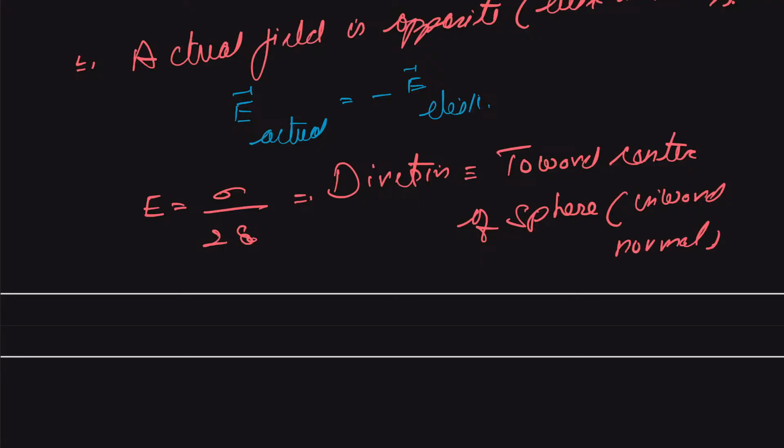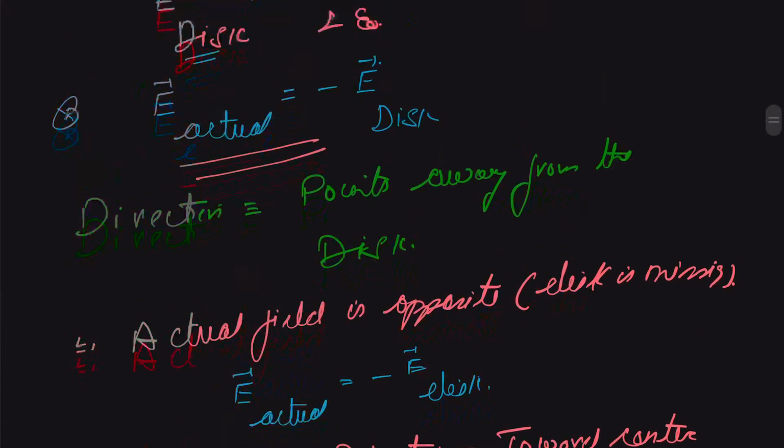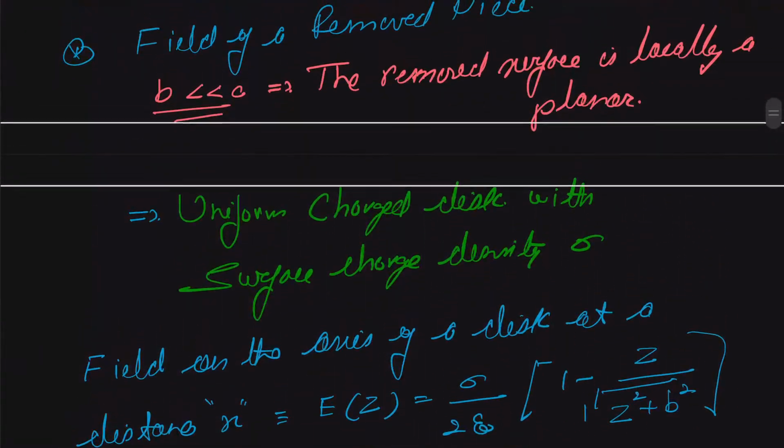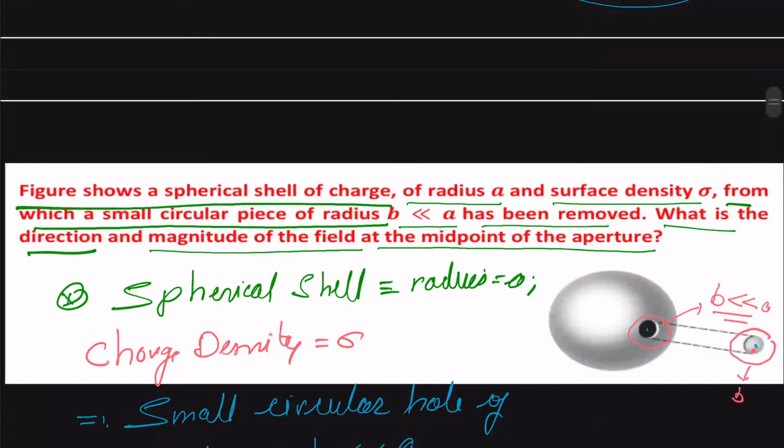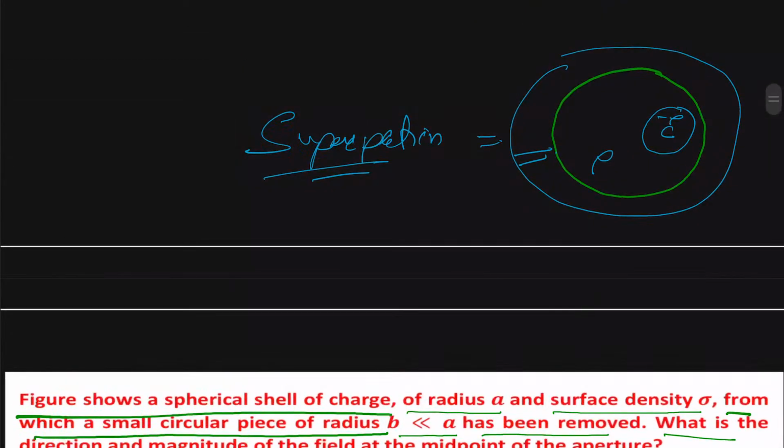So this question was a little bit tricky statement-wise, otherwise we have done this multiple times, and usually we deal with these types of questions where we have a circular body and we create a cavity. In this case we are interested in the cavity portion, the piece which we have removed.